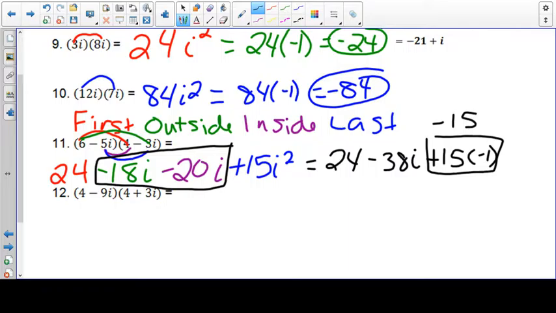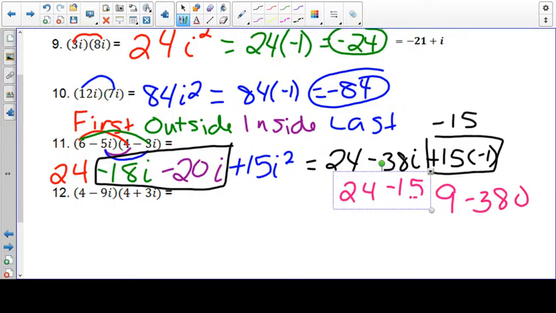Well, then I have 24 minus 15, which gives me 9. And then that 9 minus 38i, which is my final answer.